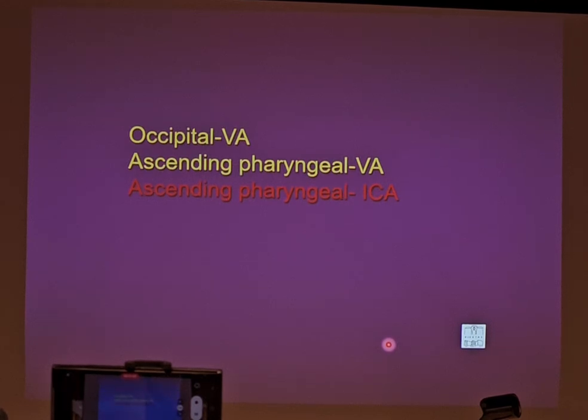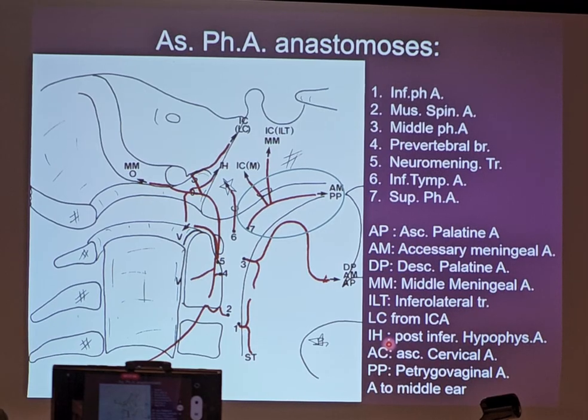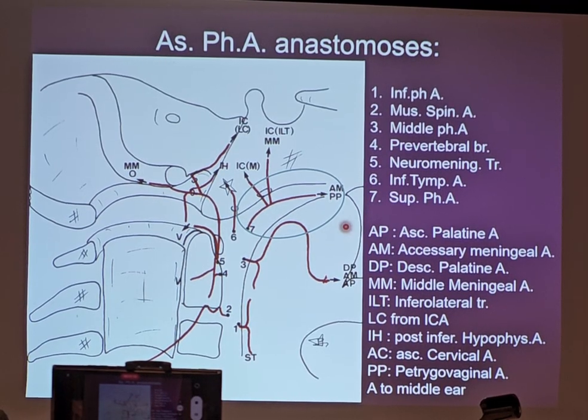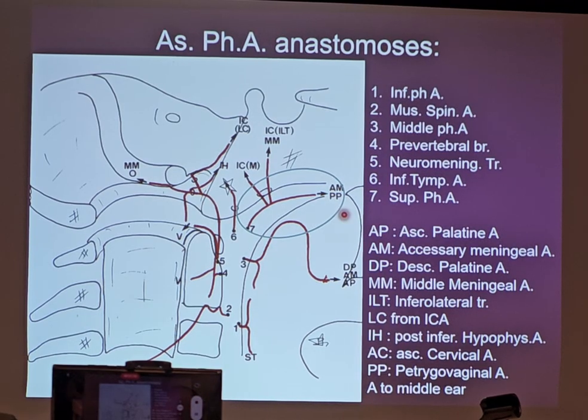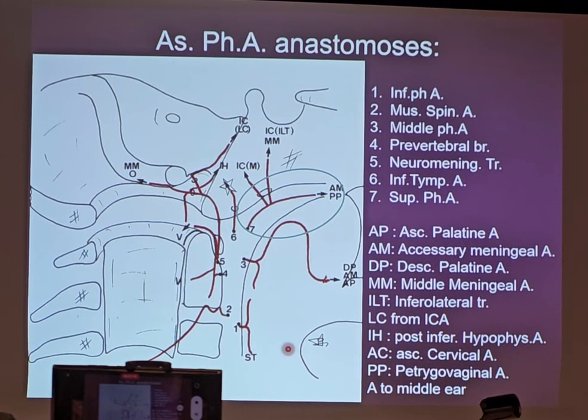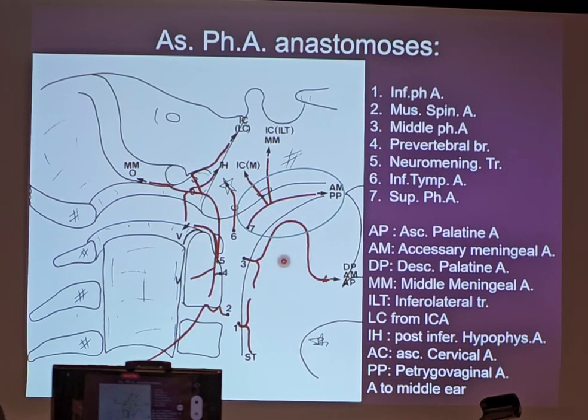The ascending pharyngeal is not connected very frequently to the vertebral artery, but you know that it has a lot of anastomoses. They have many routes to anastomose with the internal carotid artery. You know that mostly the superior pharyngeal branch goes more into the neuro-vaginal and has the connection to the internal carotid system.